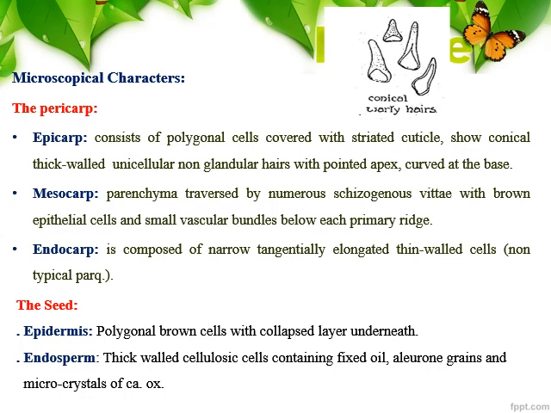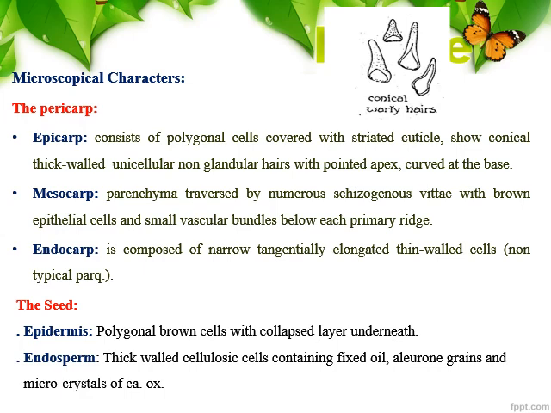The endocarp is composed of narrow, tangentially elongated, thin-walled cells, giving a non-typical parquetry structure. The typical parquetry structure was in fennel, due to the different orientation of each group of narrow, thin-walled cells or daughter cells. Here we have almost the same direction of the daughter cells, so we have a non-typical parquetry structure.